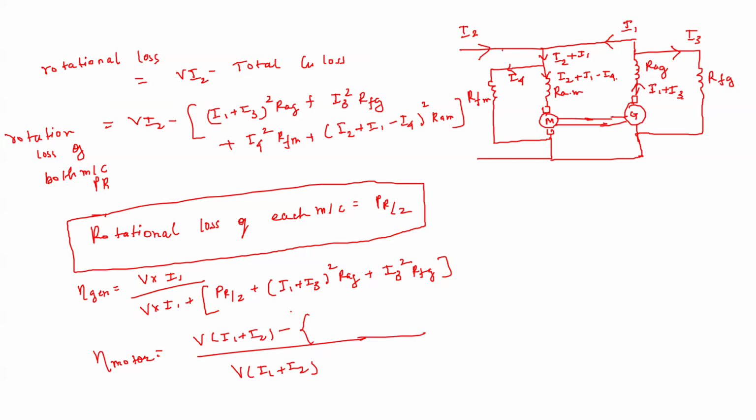Here also the rotational loss is PR by 2, plus the loss in the windings. So we have the copper losses in both windings: the loss in the field winding plus the loss in the armature winding. So this is the efficiency of the motor and the efficiency of the generator.